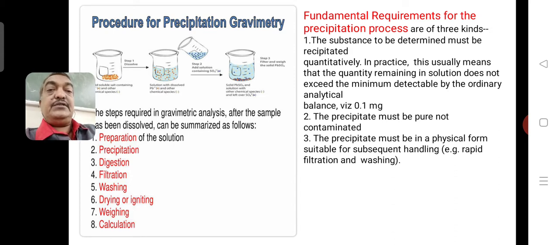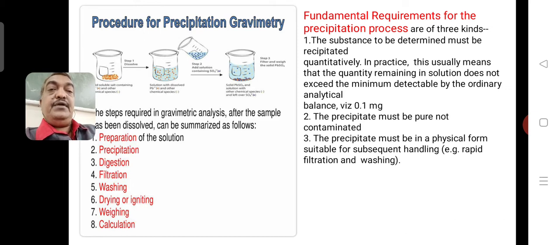The solution must be clear, with the entire substance soluble in it. Then that solution is called a standard solution. So the preparation can be done either as a molar or as a normal solution. Once it is formed, we go to the second step, precipitation.